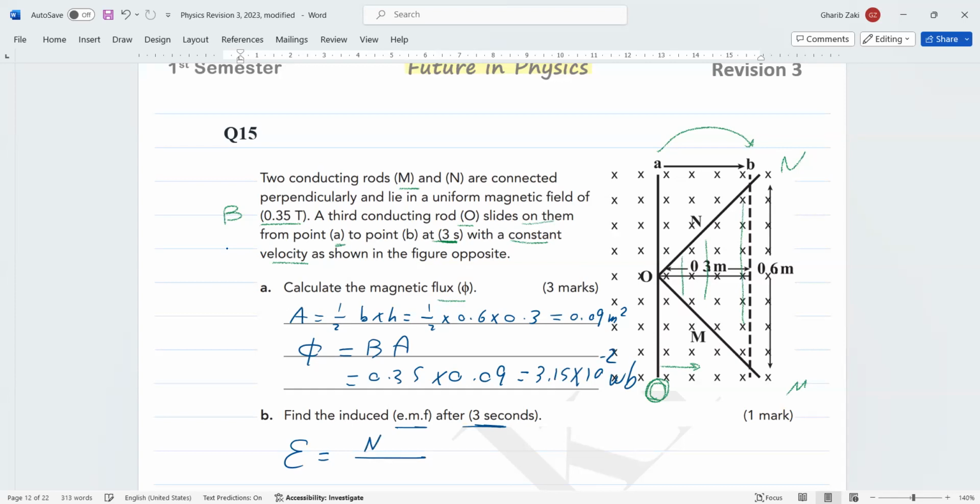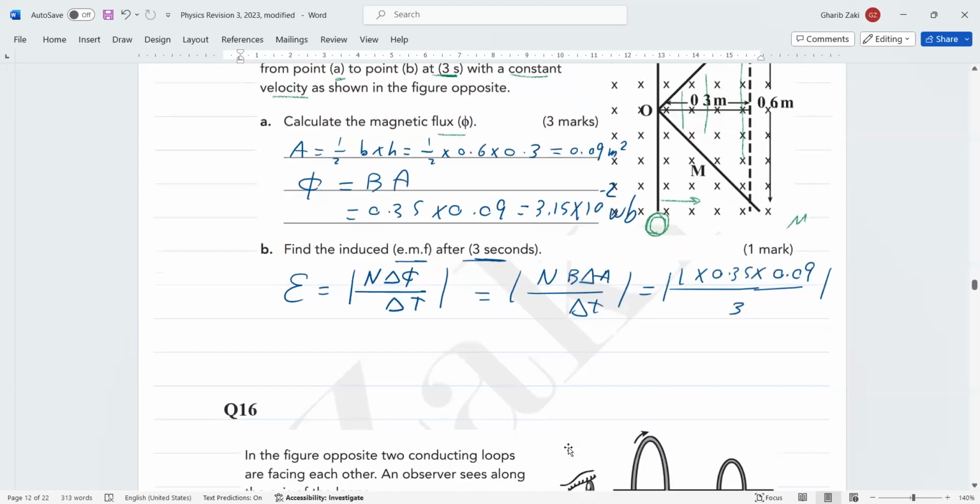It's N delta phi by delta T. Here, we have a change in area, so we can write N B delta A by delta T. N equals 1. B is constant, 0.35. Delta A that happened is 0.09 over delta T, 3.